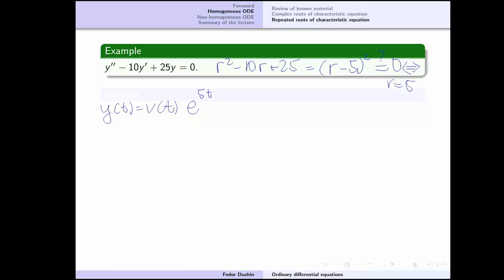Alright, and the trick here, as you're going to see in a couple of minutes, is that when we substitute it back into the ODE, then we're going to get an equation on v of t, and that equation is going to be very, very simple.